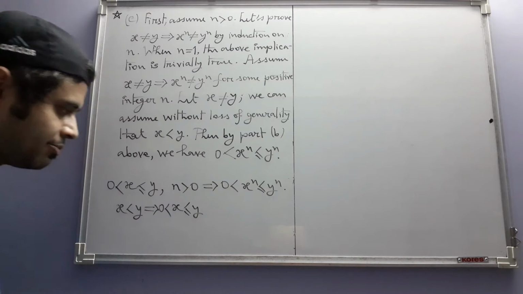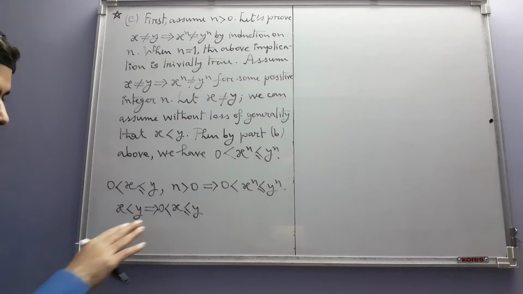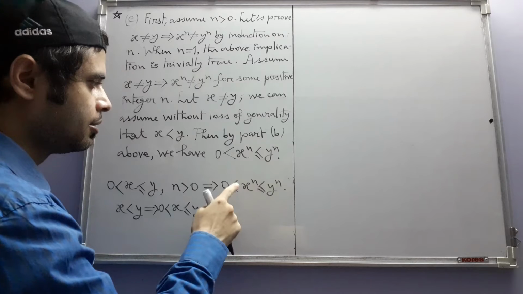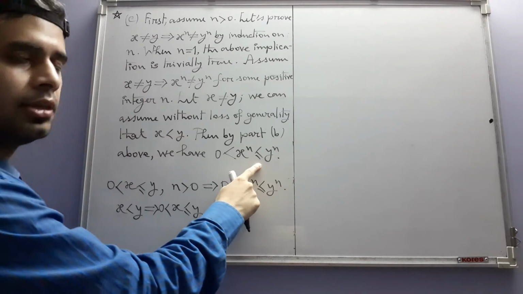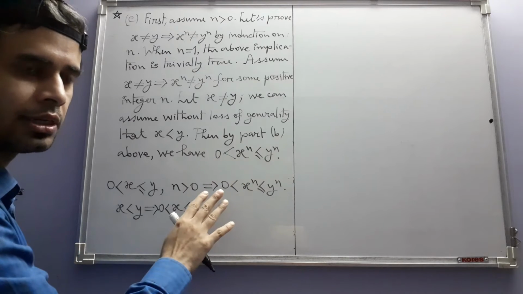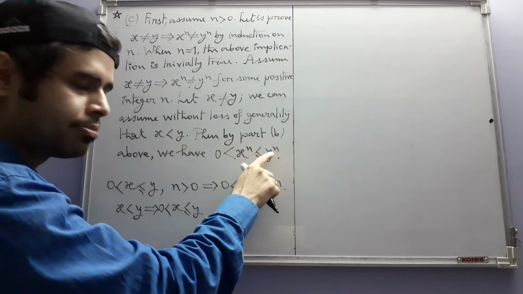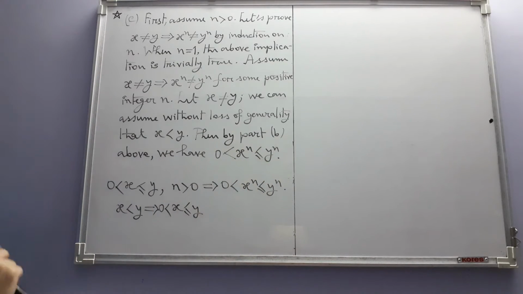So we are able to use part B to conclude these inequalities, and note that in these inequalities here we don't have strict inequality. Part B does not give us that. Part B only tells us that the powers x to the power n and y to the power n are both positive. That much it says.